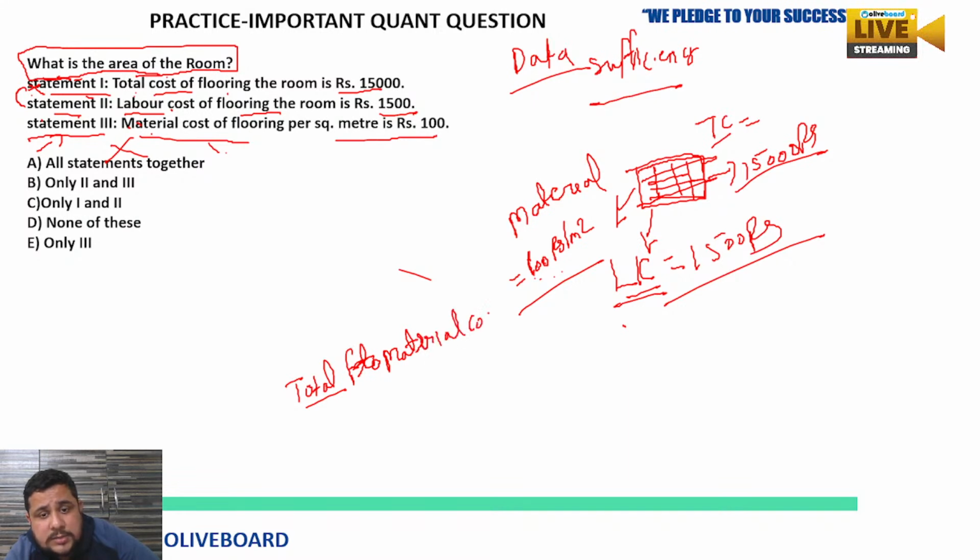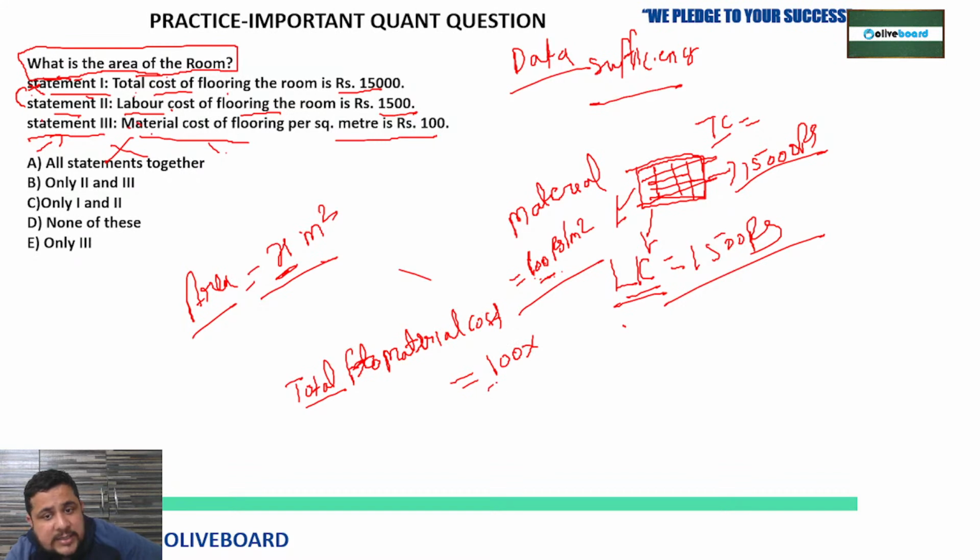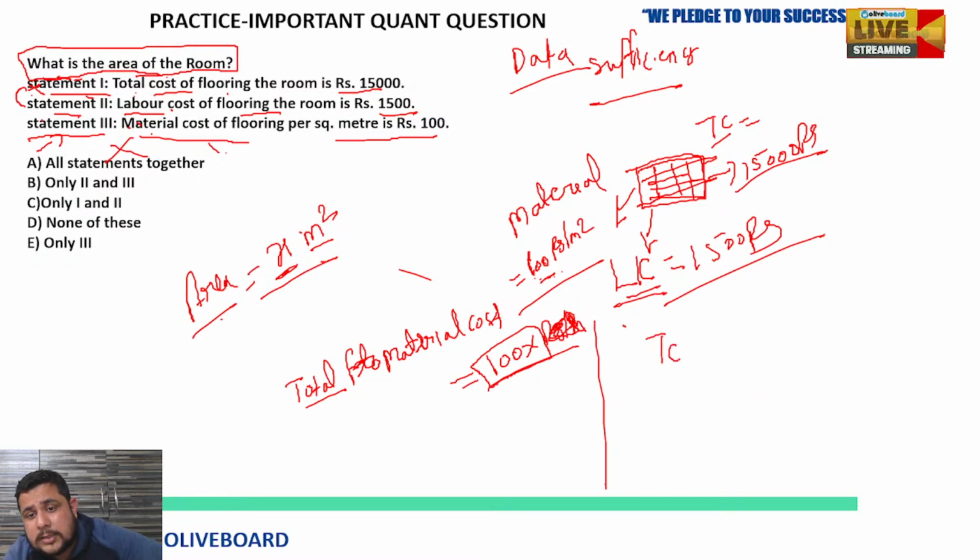We are just assuming that the area of that room is x square meter. So per square meter is 100 rupees, and total material cost will be 100x rupees. Clear to all of you? This amount is 100x, but here the value of x is the area in square meters. Now just see, total cost is equal to what?